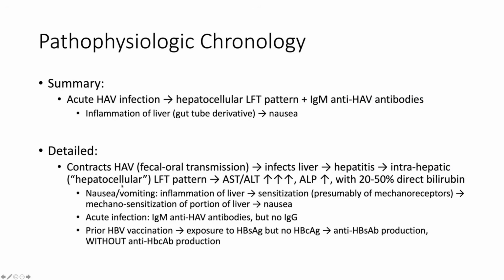So this is my pathophysiologic chronology. I basically just walked you through the first part of this. Again, the nausea vomiting makes sense because you've got inflammation in the liver. So you've got sensitization, presumably of the mechanoreceptors. And so Zach very graciously shared this gem. He said, the choice of antiemetic therapy depends on the source of the emetogenic stimulus.